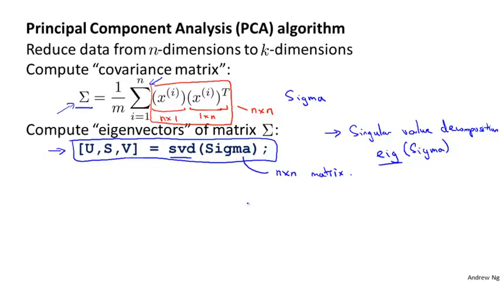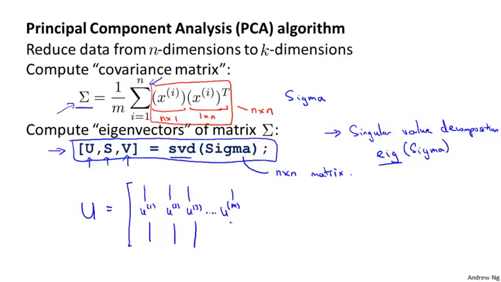And what the SVD outputs is three matrices, U, S, and V. The thing we really need out of the SVD is the U matrix. The U matrix will also be an n by n matrix. If we look at the columns of the U matrix, it turns out that the columns will be exactly those vectors, u1, u2, and so on, that we want.